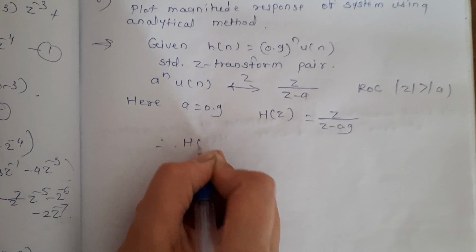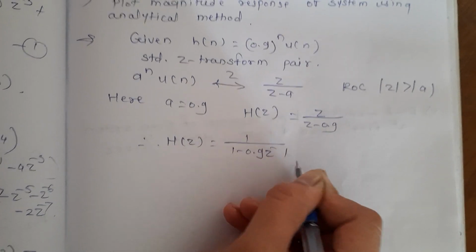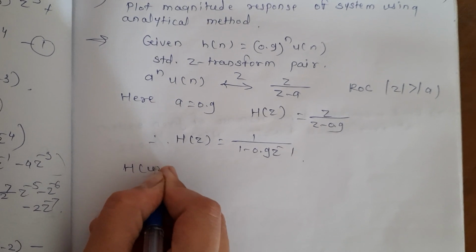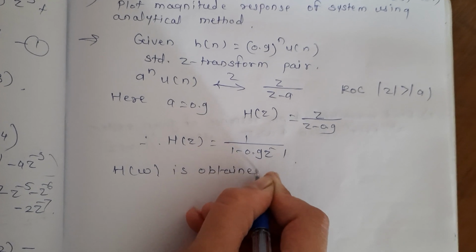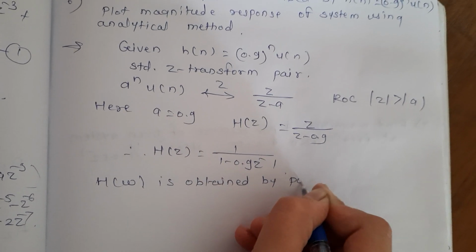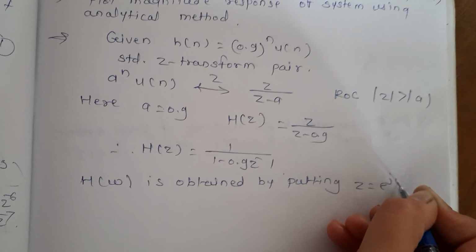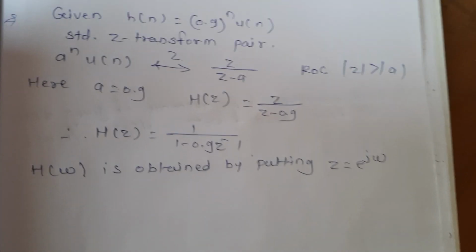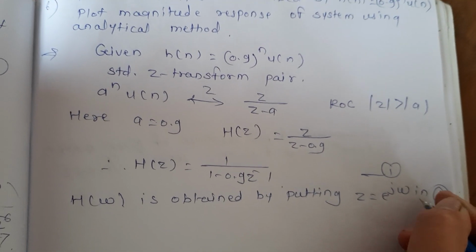So H of z is equal to 1 by 1 minus 0.9 z raised to minus 1. Now H of omega is obtained by putting z is equal to e raised to j omega in equation 1.